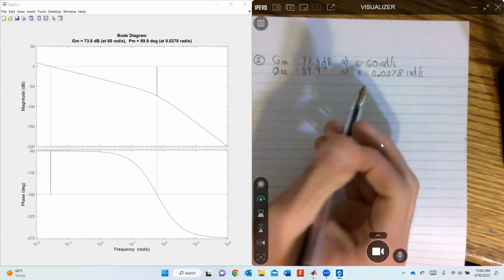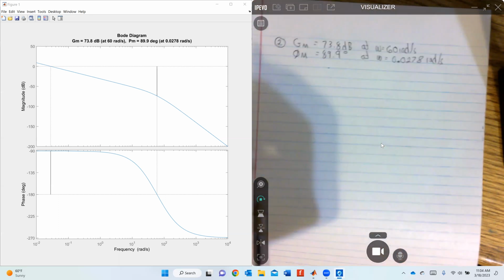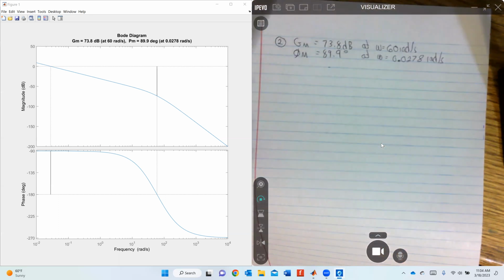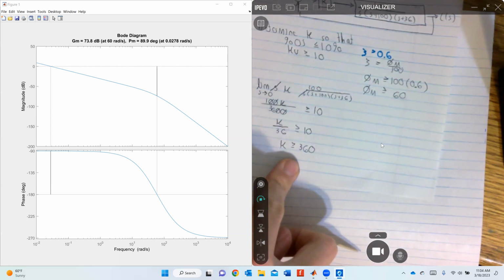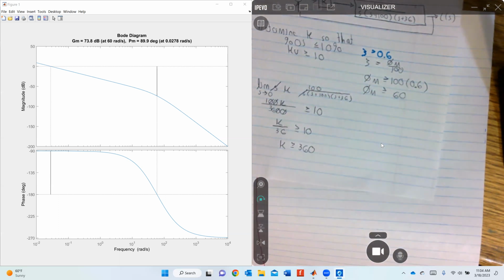And specifically our gain margin, 73.8 dB. Well, remember when we calculated our K here, our K had to be greater than or equal to 360, correct? And so what we're going to notice is basically within our design, it wanted us to find, basically from here, we did the K greater, then we found our phase margin.